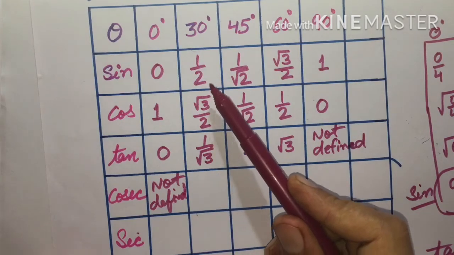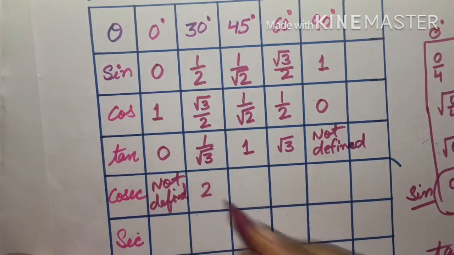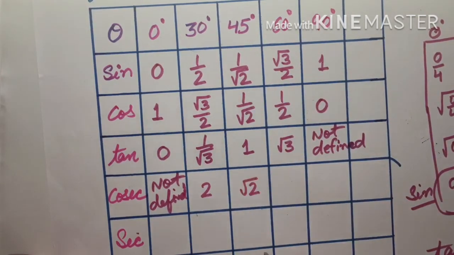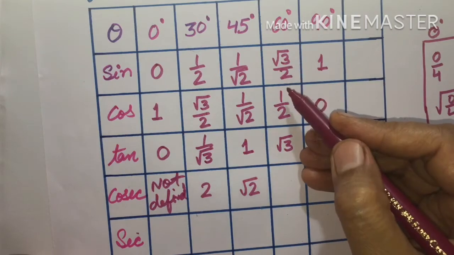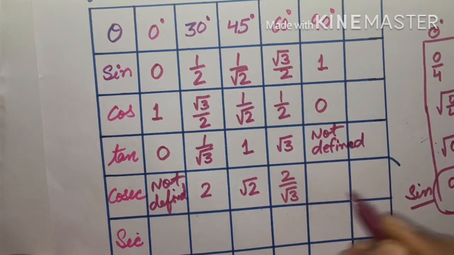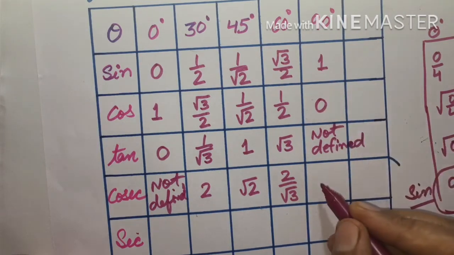Then 1 upon 2, the reciprocal of 1 upon 2 is 2. 1 upon root 2, the reciprocal of this is root 2. Root 3 upon 2, the reciprocal of it is 2 upon root 3. And here is 1, the reciprocal of 1 is 1.